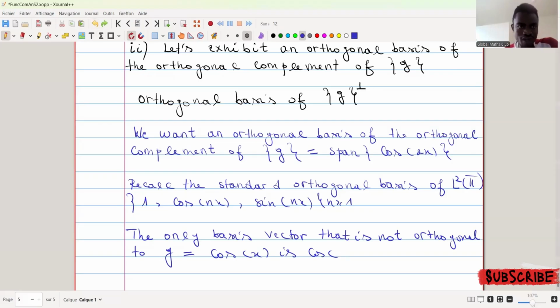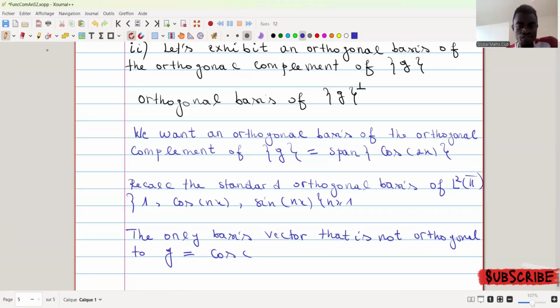I hope that you understand why cosine 2x is not orthogonal to itself, because if you compute the inner product between cosine 2x and cosine 2x, so the integral from 0 to 2 pi of cosine squared 2x, you're not going to have 0. So that is why it is not orthogonal to itself.